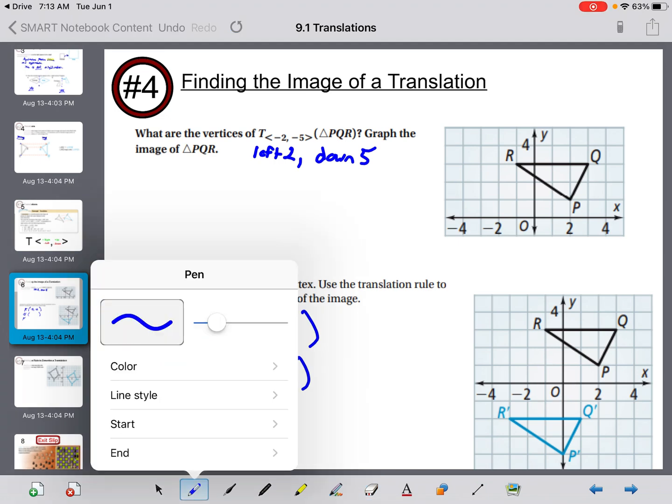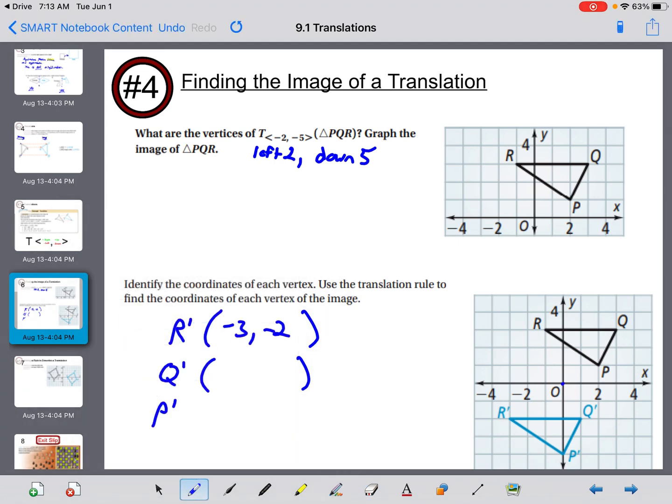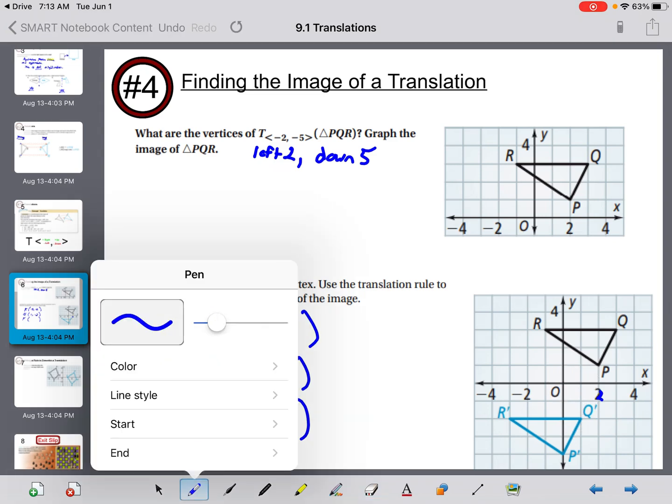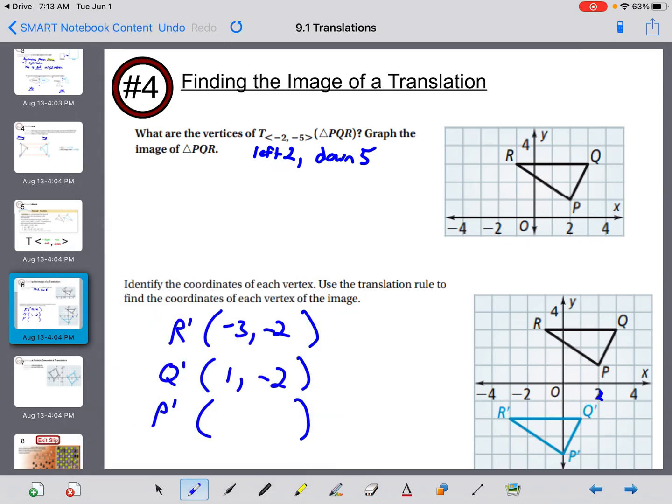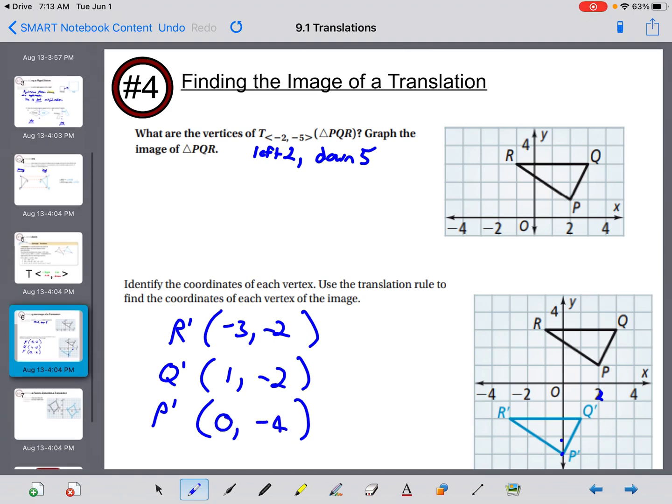Q prime from the center or the origin is right 1, down 2. So 1, negative 2. And P prime from the origin is just down 1, 2, 3, 4. So 0, negative 4.